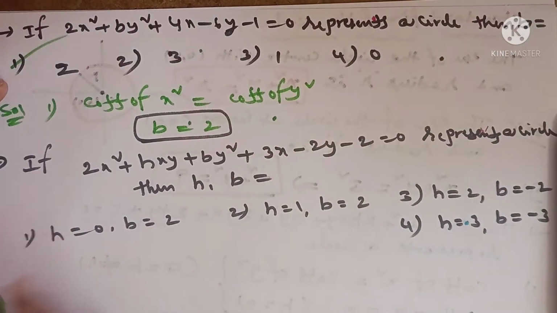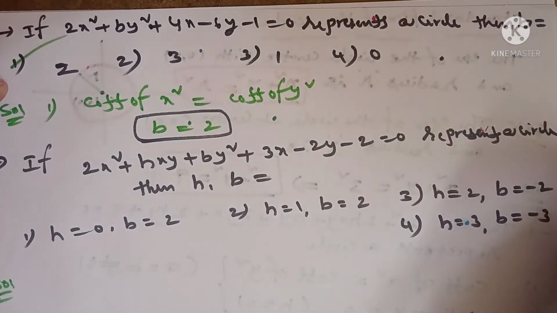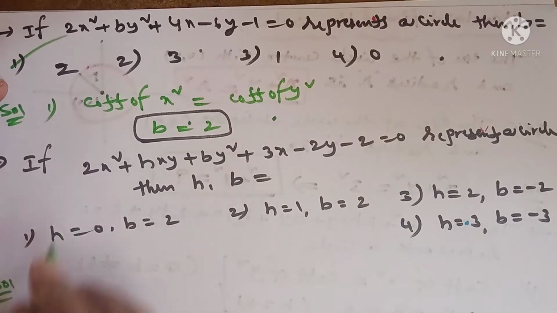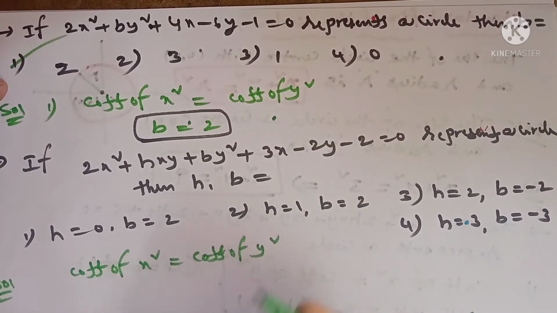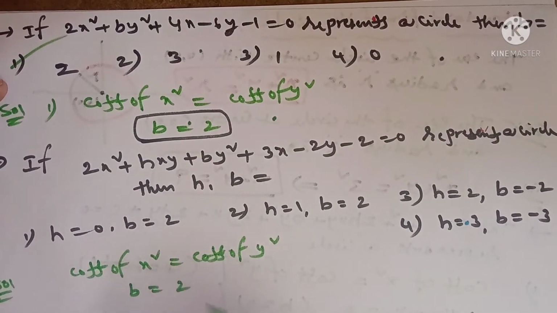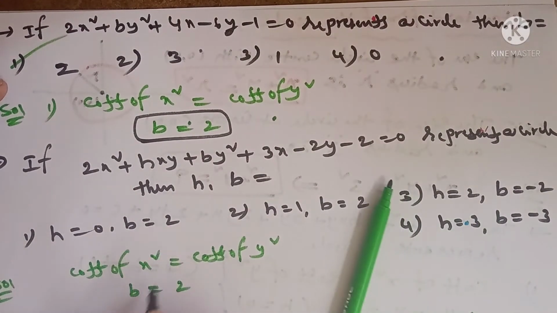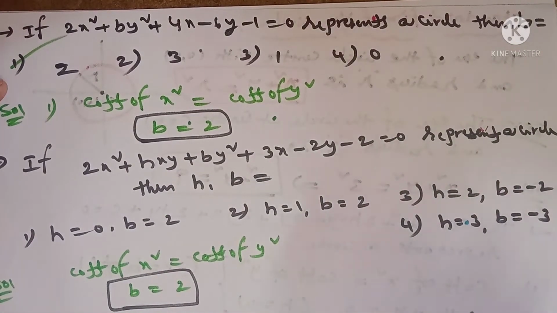Now solution. Any second degree equation represents a circle. Coefficient of x square is equal to coefficient of y square. X square coefficient 2, y square coefficient b. So b is equal to 2. Next, one more condition I said: coefficient of xy is equal to 0.